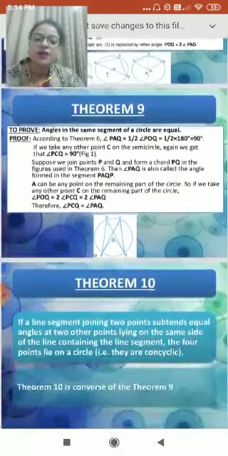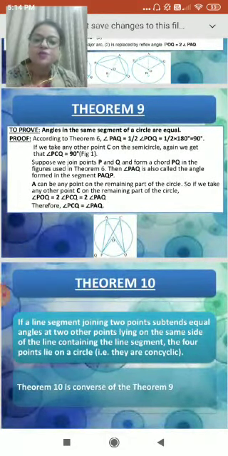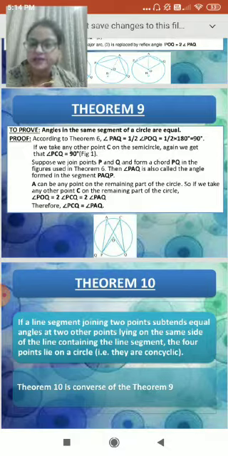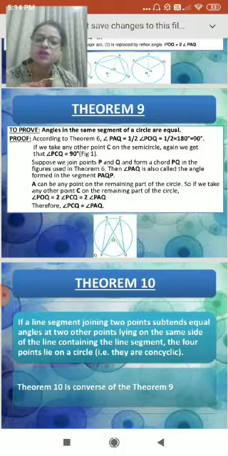Now moving quickly to theorem number 9. To prove angles in the same segment of a circle are equal. According to theorem number 8, PAQ is half of POQ, and half into 180 degrees is 90. So if we take any point C on the semicircle, again we get that PCQ is equal to 90. You can see the figure. Suppose we join the points P and Q and form a chord PQ in the figures used in theorem 8, then what will happen?